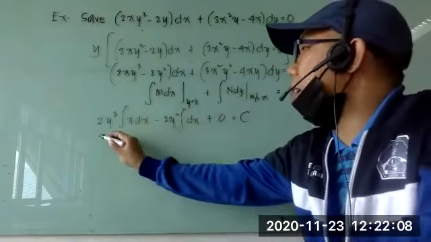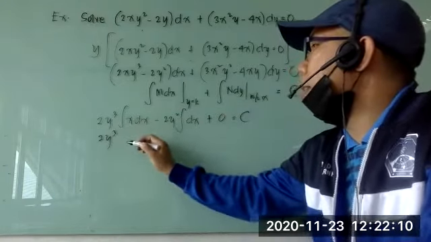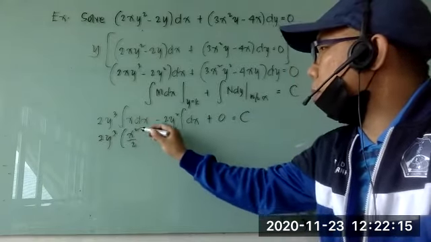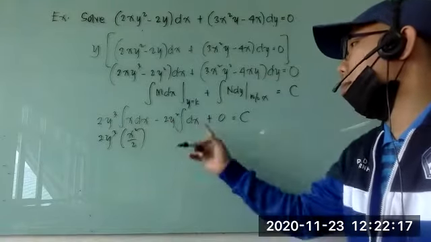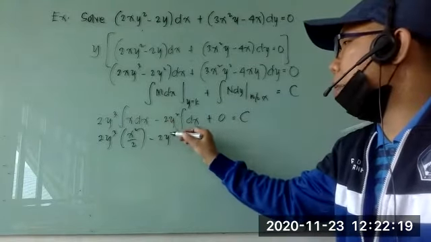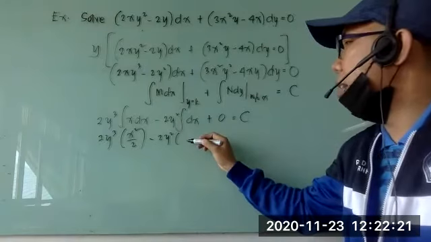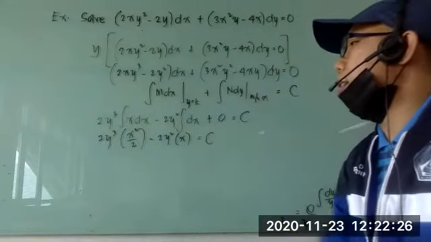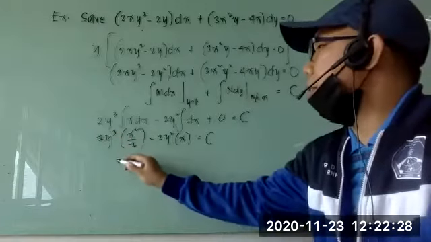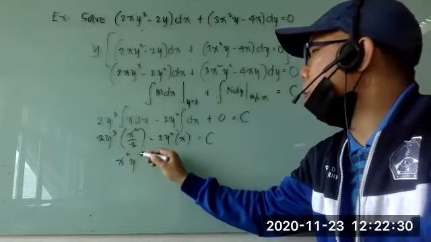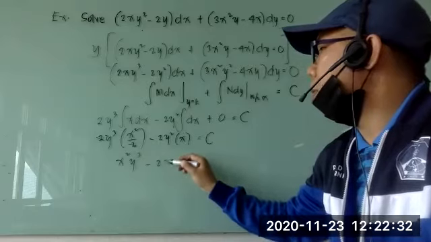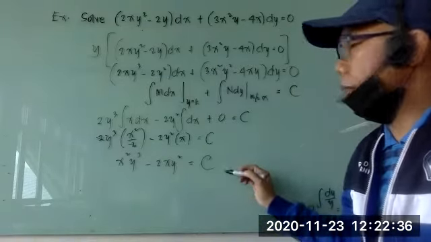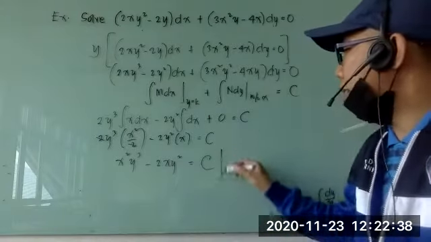Integrate this one, so you have 2y cubed, and the integral of x dx is x squared over 2. Integrate this one, so 2y squared, and the integral of dx is x, equal to c. Cancel 2 here, so the answer is x squared y cubed minus 2xy squared equal to c, your final answer.